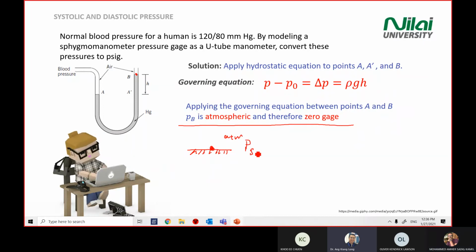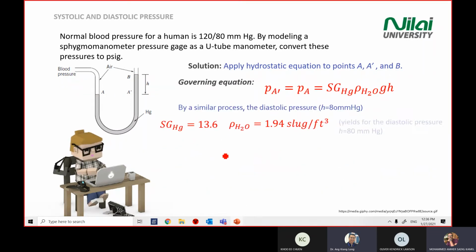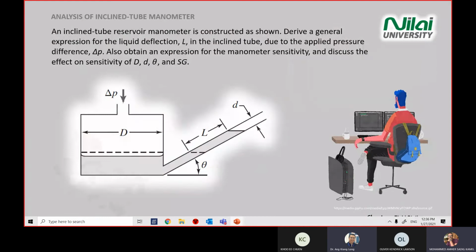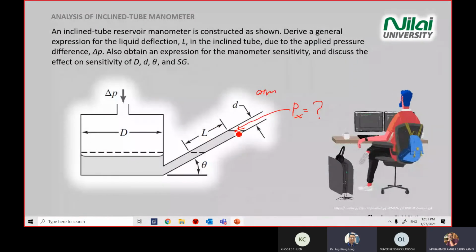P gauge. Equal to what? 0. So the same concept. I just apply what I mentioned just now. I ask you, what is the gauge pressure here? 0. Okay, good. Give you hints already.